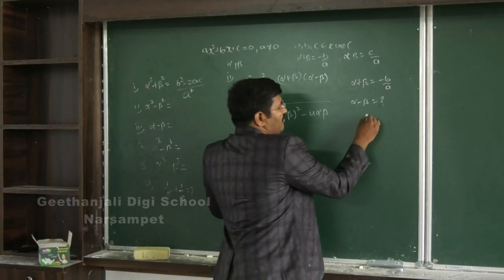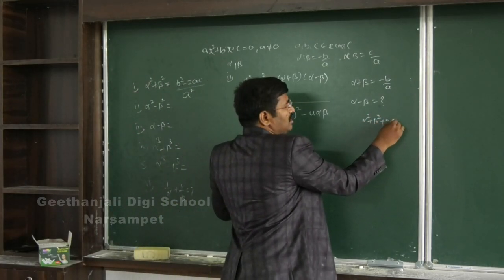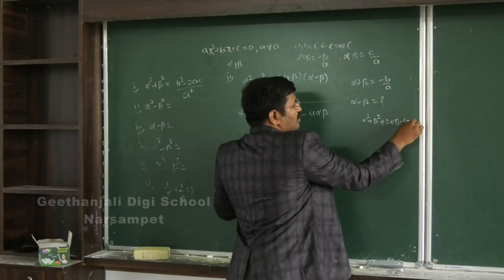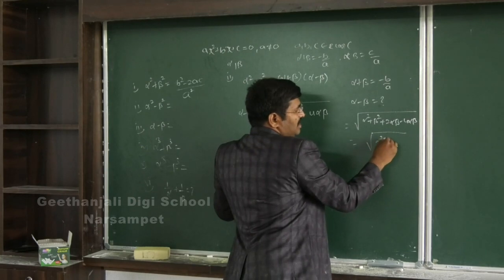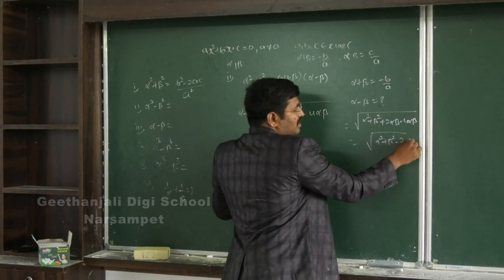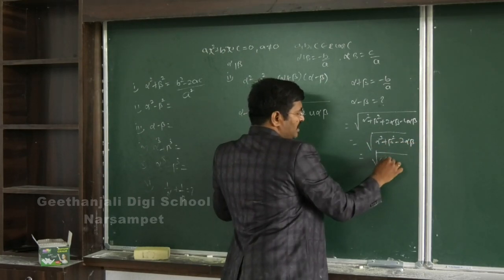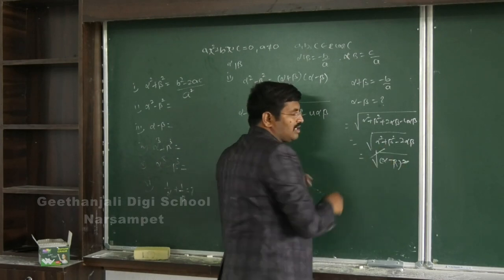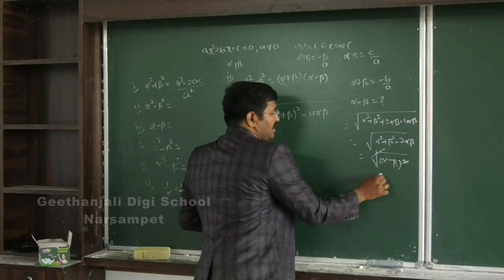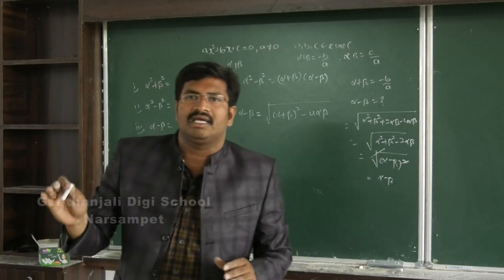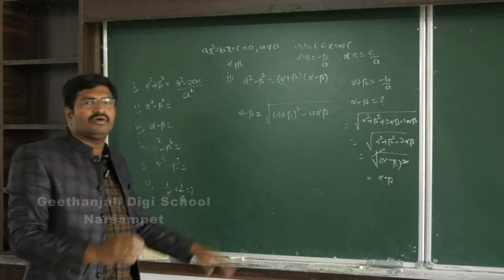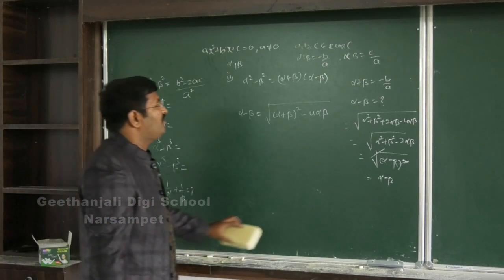You will see alpha square plus beta square plus 2 alpha beta minus 4 alpha beta, that is equal to alpha square plus beta square minus 2 alpha beta, that is equal to alpha minus beta whole square, square root cancel, then alpha minus beta.